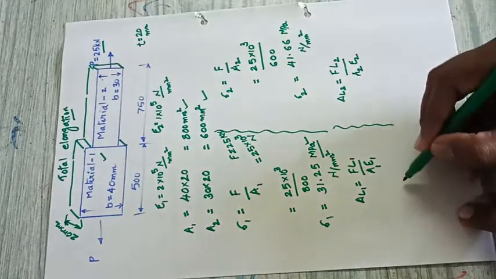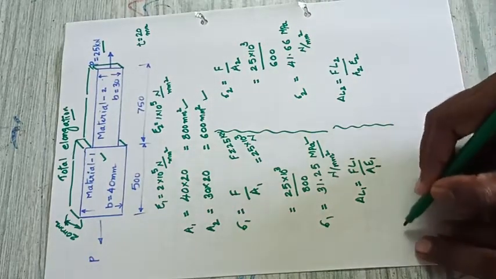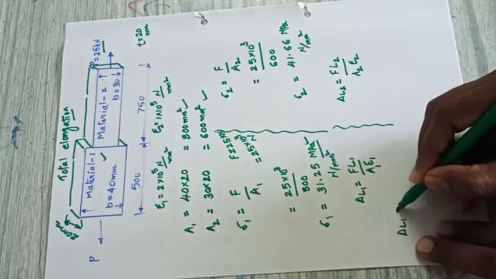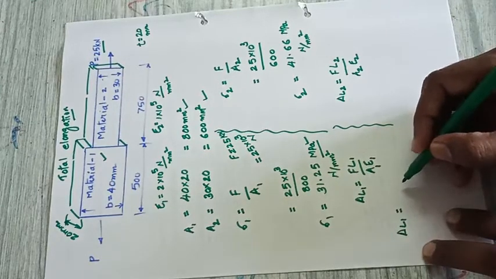Then I will substitute all the values one by one. Delta L1 is equal to FL.